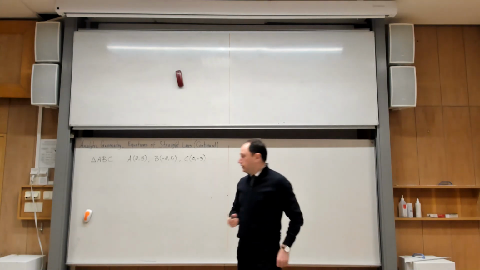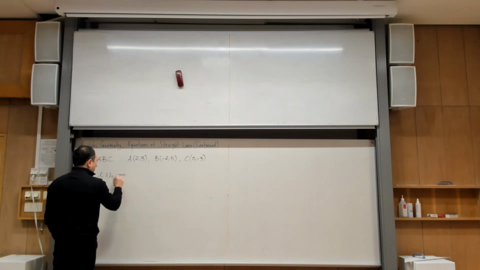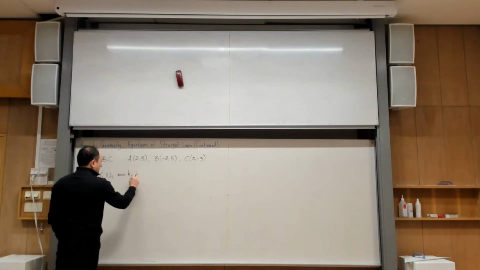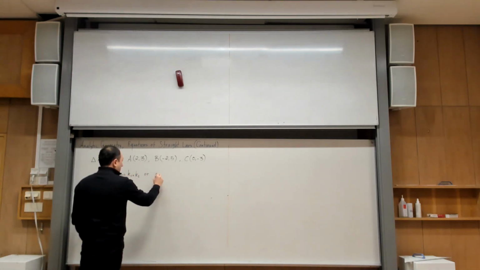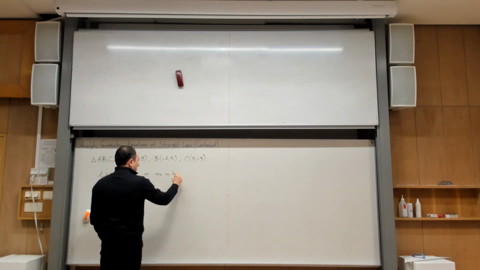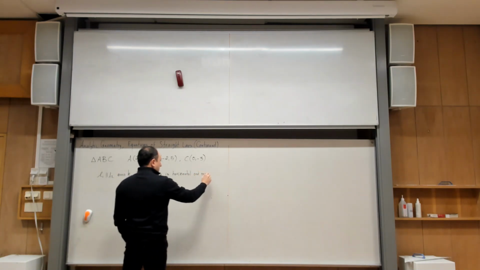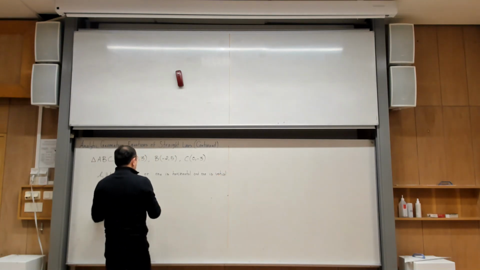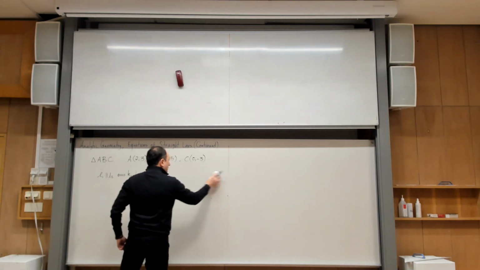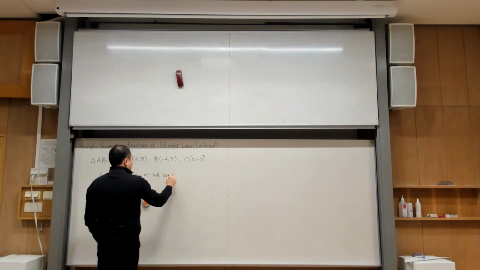So we learned that if I have two lines, L1 is parallel to L2 if and only if the k values are the same, whenever it makes sense, or both are vertical.